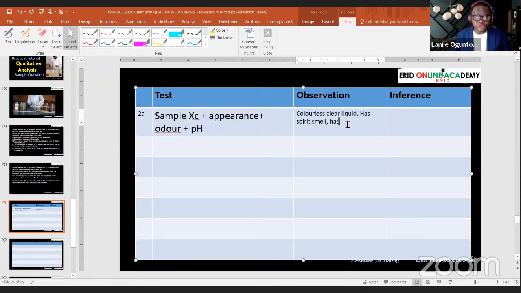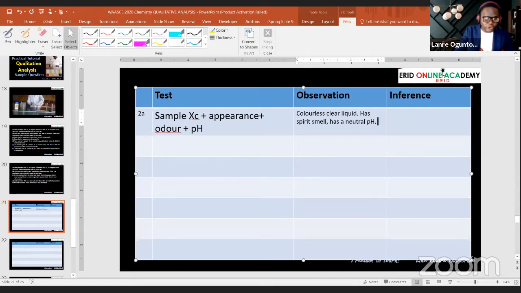And that tells you that it has a neutral pH.